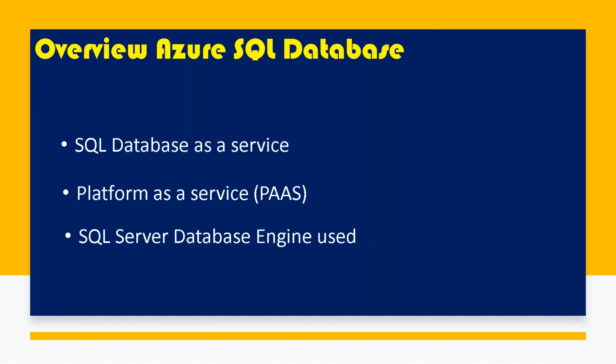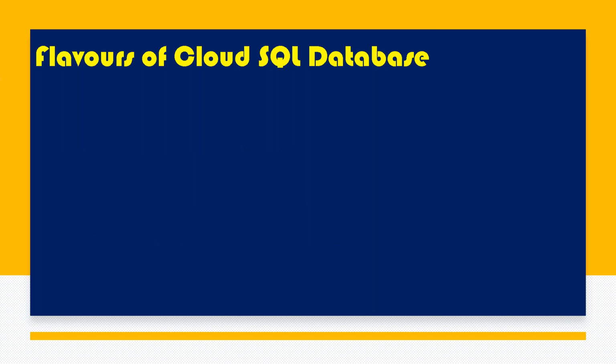So on top of the SQL Server engine only, we use our SQL database. We cannot create the SQL database directly. First, you have to create the database server, then the engine will be there. On top of that engine only, you can create your database, right?